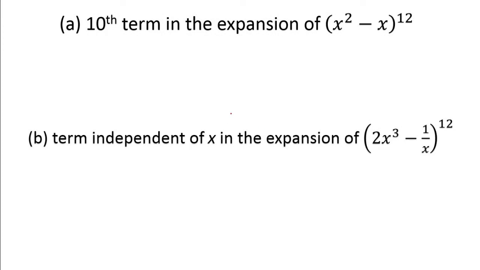What are they? So the 10th term in the expansion of (x^2 - x)^12. Please don't forget to list out all the information that you have. Okay, so we need to find T10. We are given that our a is x squared, our b is negative x, as well as our n is 12.